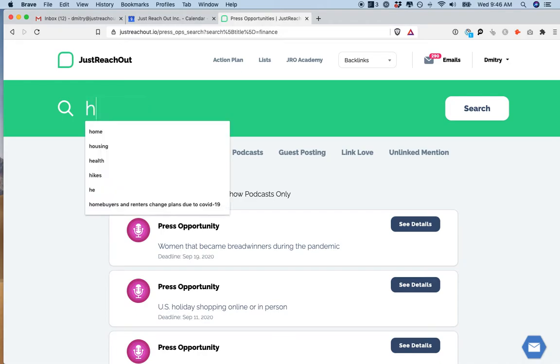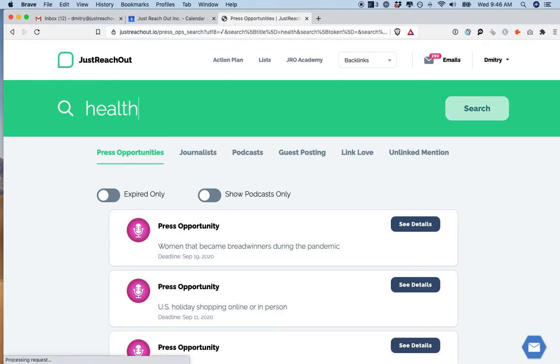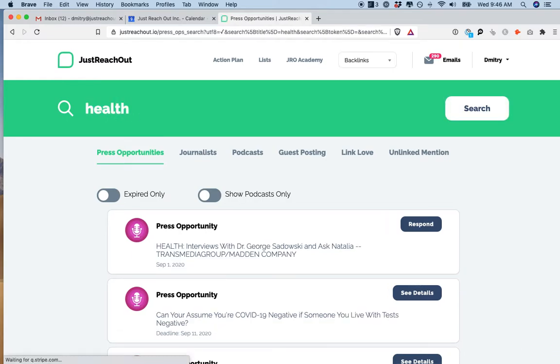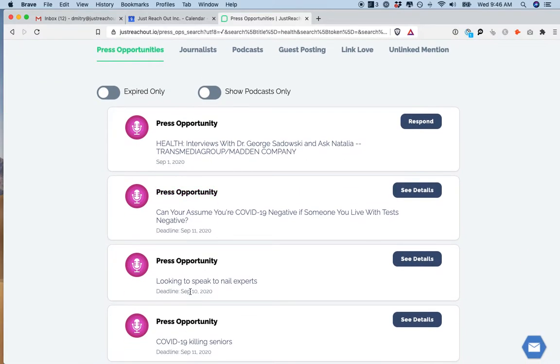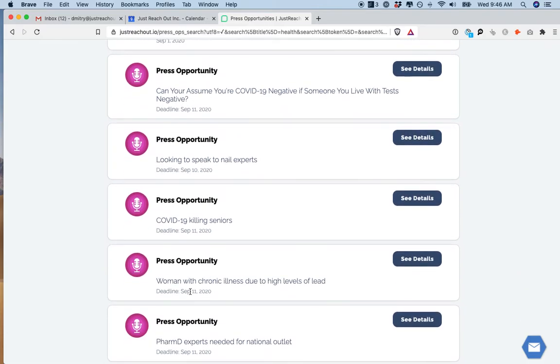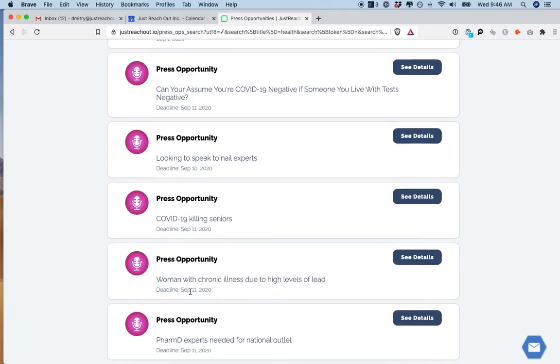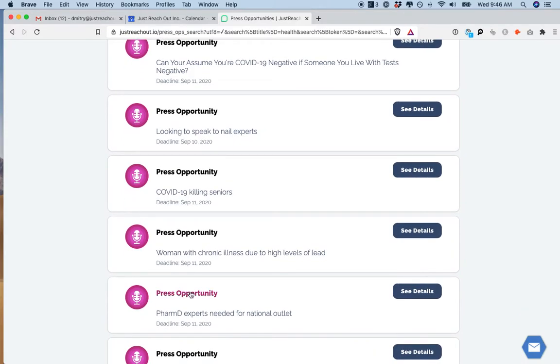What I would do is I'll type in health in here. Health is a much more general topic that can sort of engulf a lot of different topics that my team and myself can comment on. Perhaps it might come up with some other things as well. But what I'm doing is I'm doing the research to figure out what journalists are actually asking about.